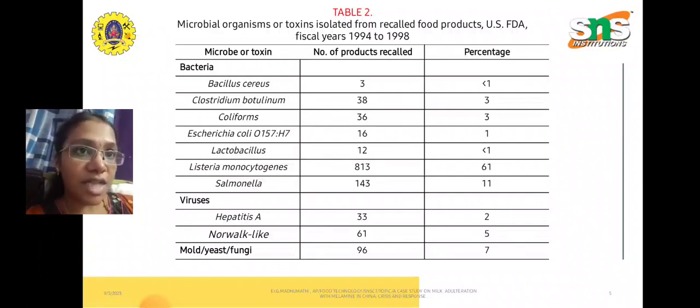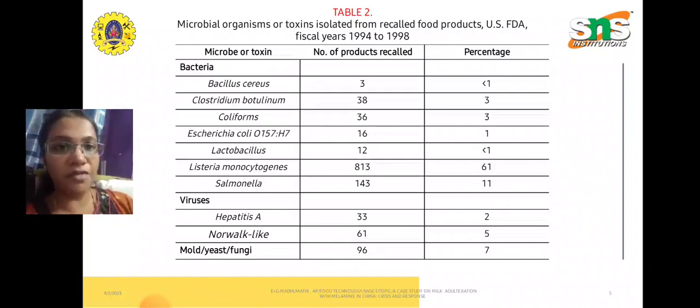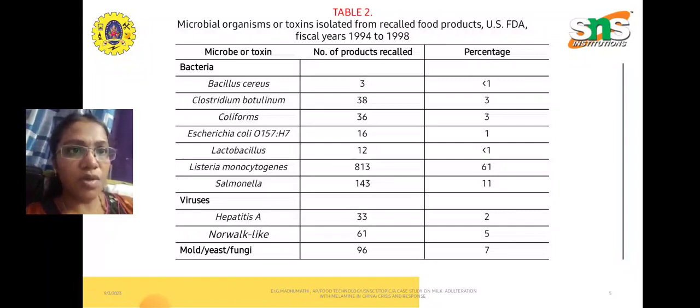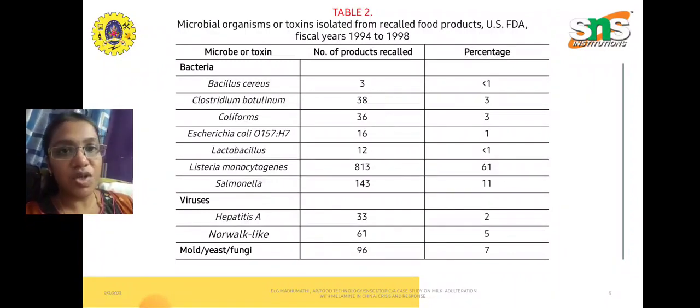It shows how many products have been recalled due to the specific microbe present in the particular food, and what percentage it was during the same 94 to 98 fiscal years. Looking at the toxins caused by bacteria, viruses, mold, yeast or fungi, the maximum number of products were recalled due to the presence of Listeria monocytogenes. In second place is Salmonella, which plays a major role where food recalls were more reported.